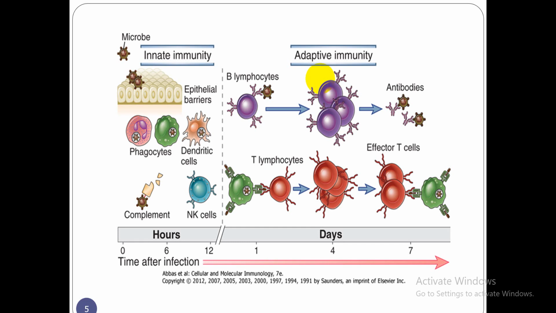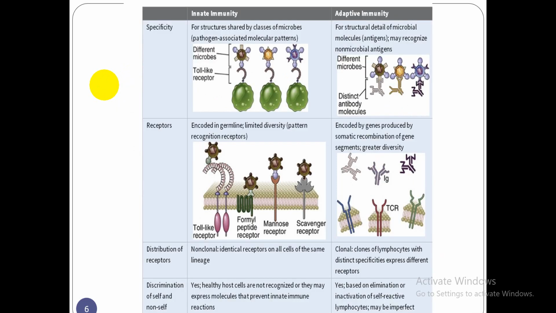So the first line of defense against pathogens is innate immunity. There are some differences between innate immunity and adaptive immunity.